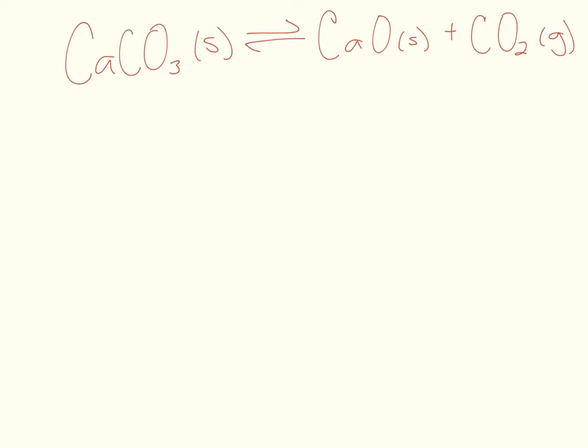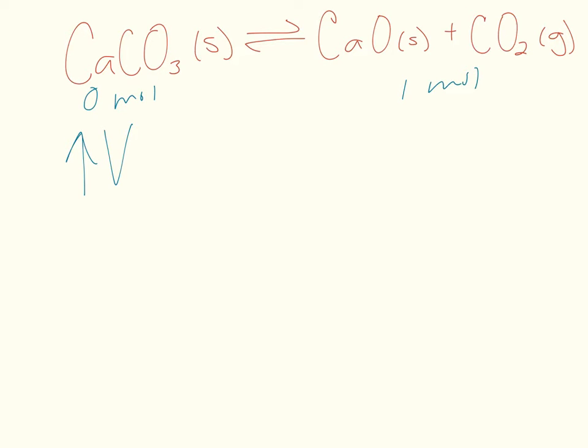Now let's look at an equilibrium that is heterogeneous. Now remember what heterogeneous means. It just contains more than one state here. So we have solids and we also have a gas. So if I increase the volume of this vessel, remember that the rule is that it's only going to shift according to the number of moles of gas. So on the reactant side, I actually have 0 moles of gas, and on the product side, I have 1 mole of gas, per reaction.